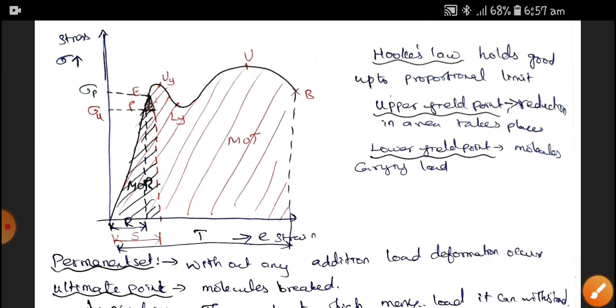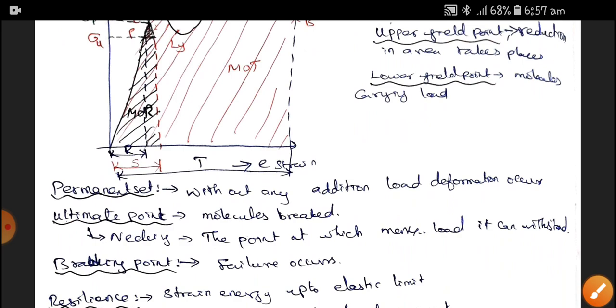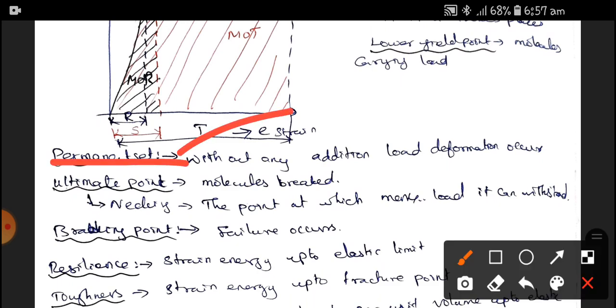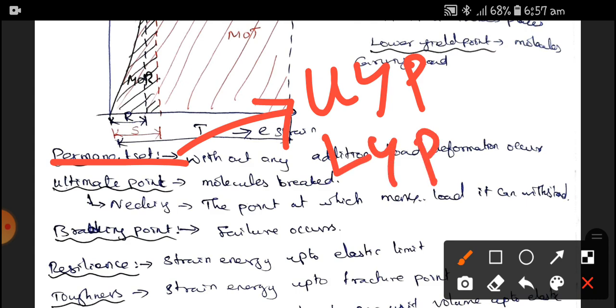Here I would like to give some glimpse of the stress strain diagram. Here the permanent set is there. Permanent set is deformation that occurs without any addition of load. This is nothing but your upper yield point and the lower yield point.